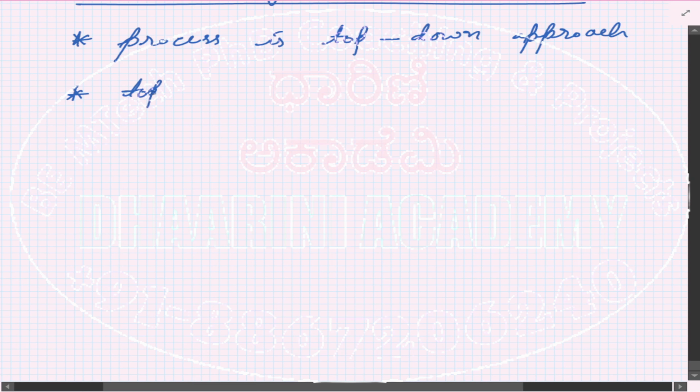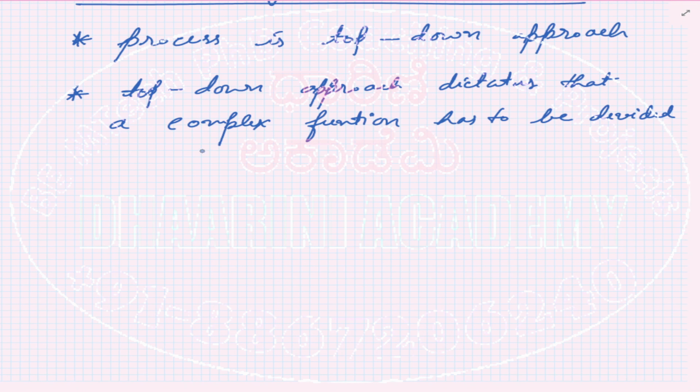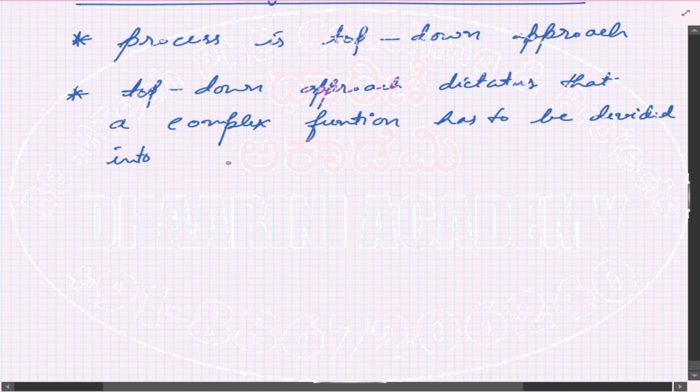So the top down approach dictates that any complex function has to be divided into less complex sub functions, right?